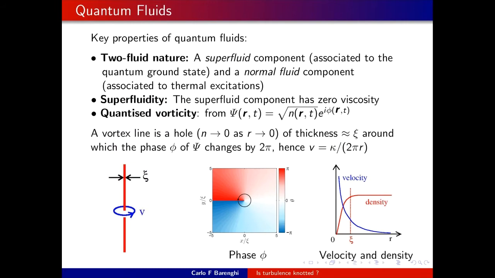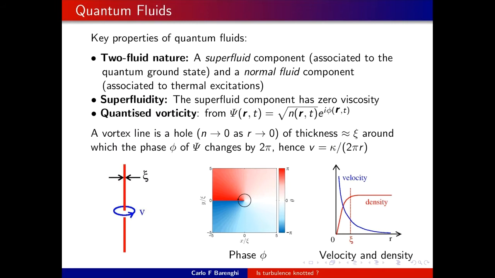If you multiply it times the mass, you get the mass density of usual fluid mechanics. And from the gradient of the phase, you can actually, using the prescription of quantum mechanics, so we're not doing anything arbitrary here, create a velocity field.